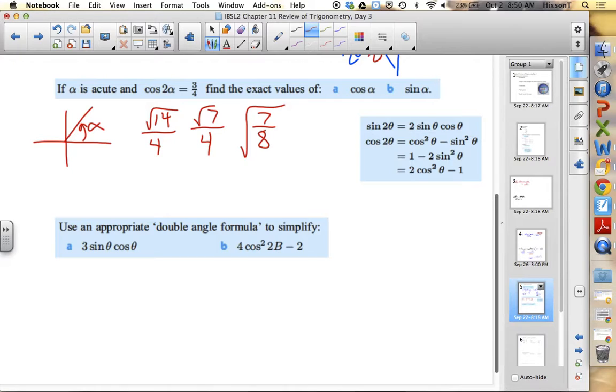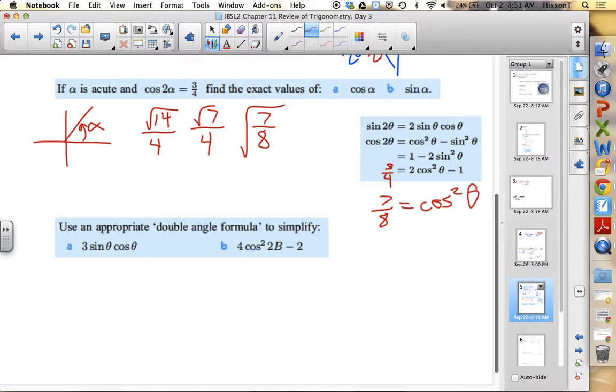Okay, let's take a look. I would use this form of the 2 cosine theta. So this is 3/4. I add 1, so I have now 7/4. And I divide by 2, so that's 7/8 equals cosine squared of theta, right?